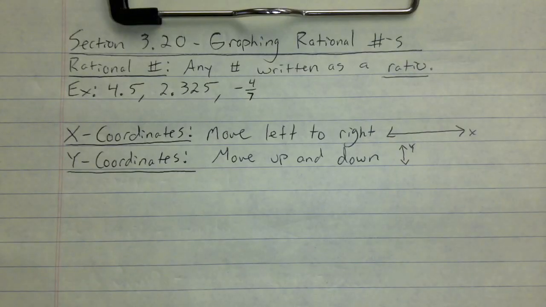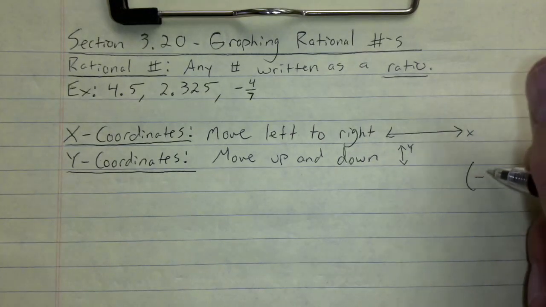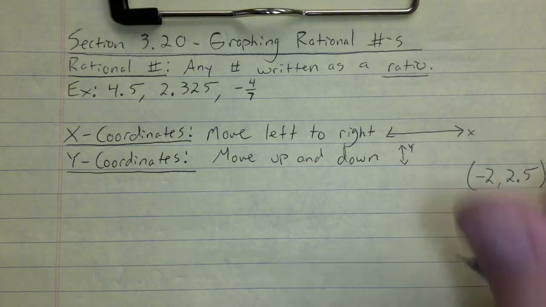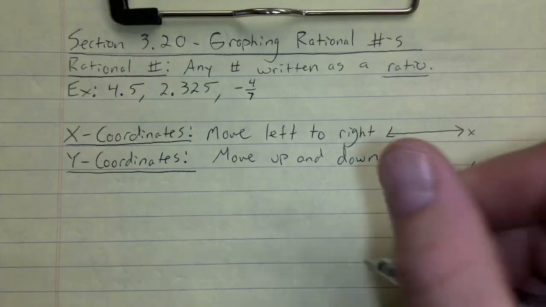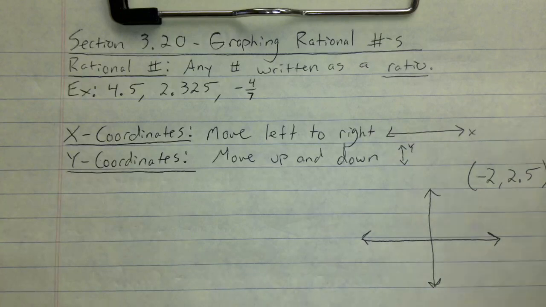So if we wanted to plot, say, negative 2 and 2 5 tenths, when we make our coordinate plane, we always start by labeling your x and y.